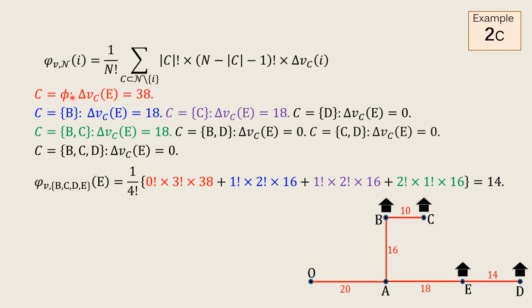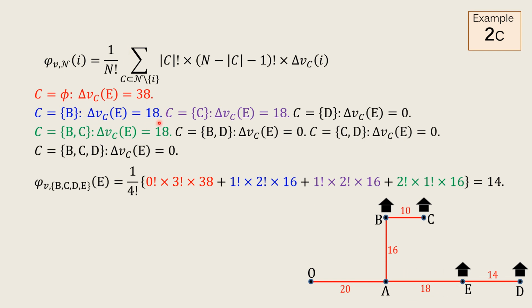So when the coalition is null, no unit exists. Adding E to the null coalition, you have to establish these 2 links. So the cost is 20 plus 18, which is 38. When the coalition contains B alone, adding E to it would require a cost increment of 18.